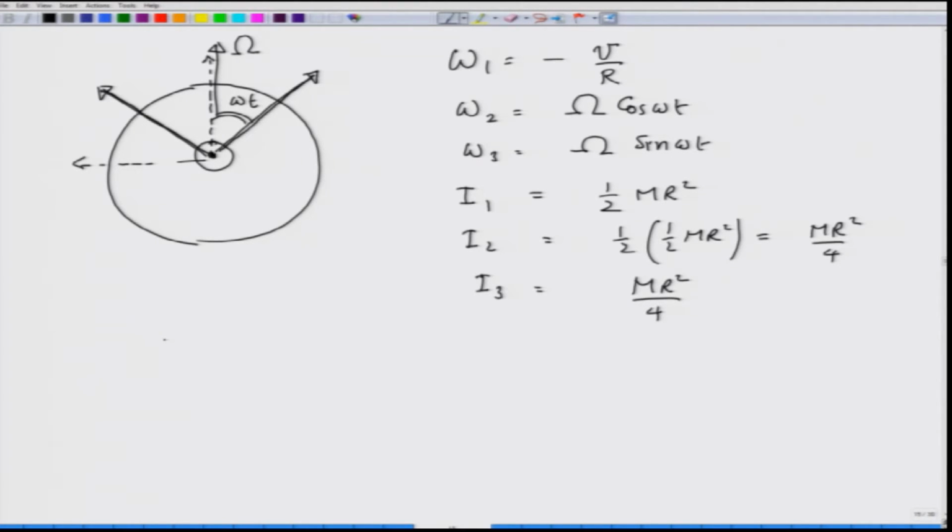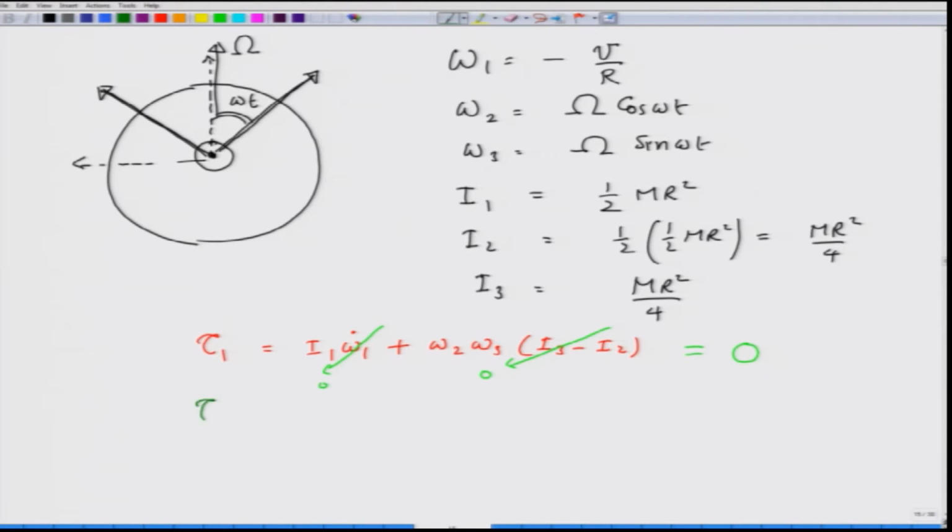Now, I know that tau 1 is going to be, by Euler's equations, I1 omega 1 dot plus omega 2 omega 3 times I3 minus I2. I3 and I2 are equal, and therefore, this term is 0. Omega 1 dot is 0. So, tau 1 comes out to be 0.